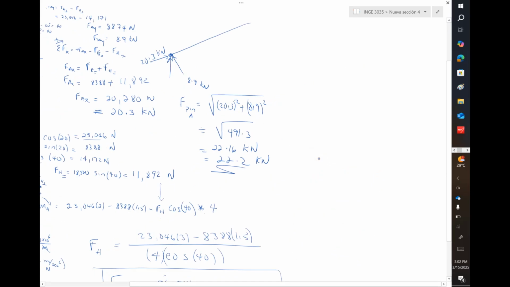All right, so we got the 22.2 kilonewton here, but how I draw this may be misleading.